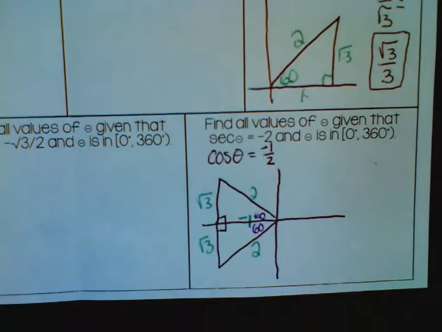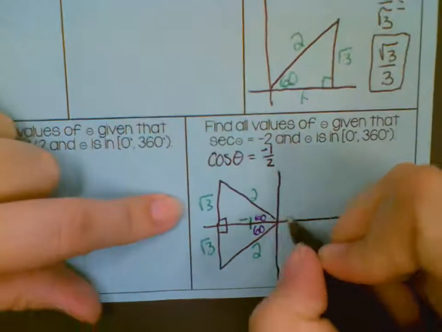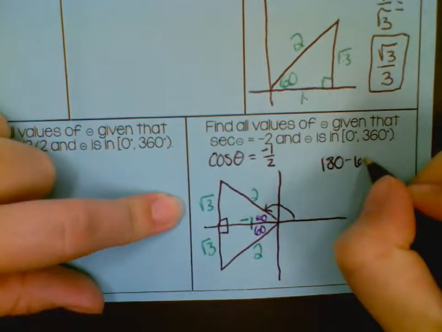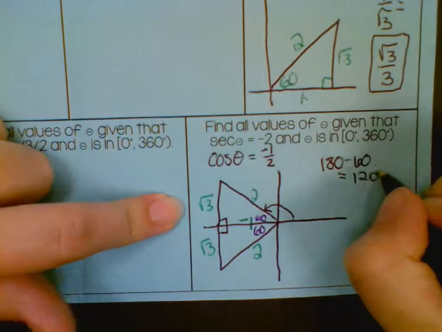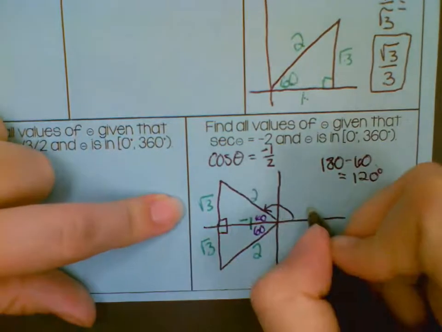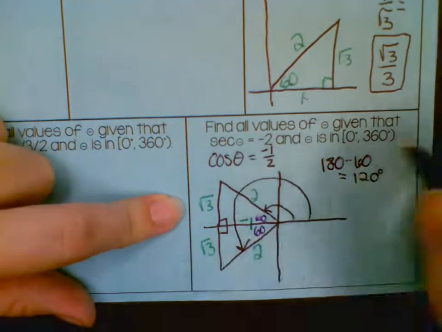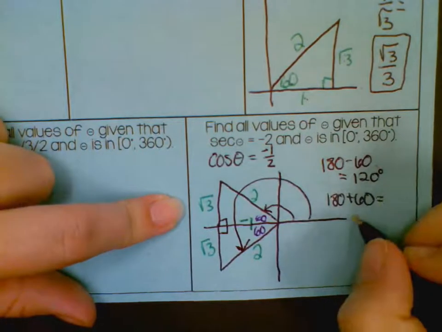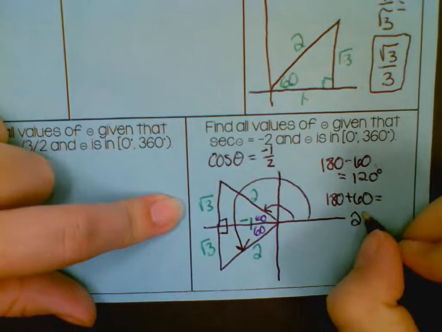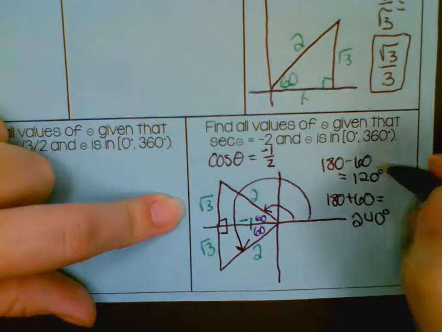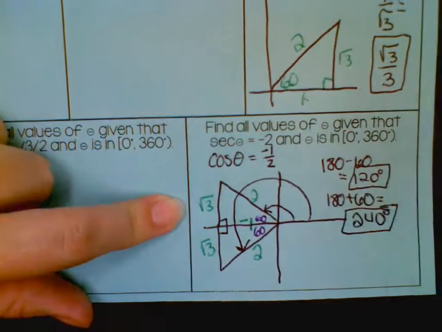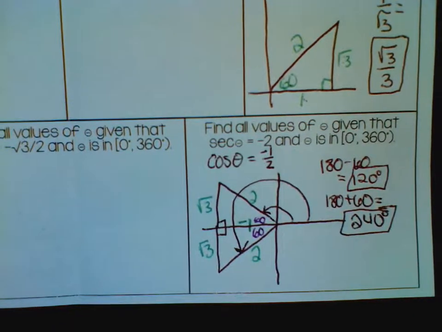We're going to do the same thing we did for the last one. This angle measure would be 180 minus 60, so 120. And this angle measure would be 180 plus our reference angle, so 240. So the two values of theta that would give us negative 1/2 are 120 and 240.